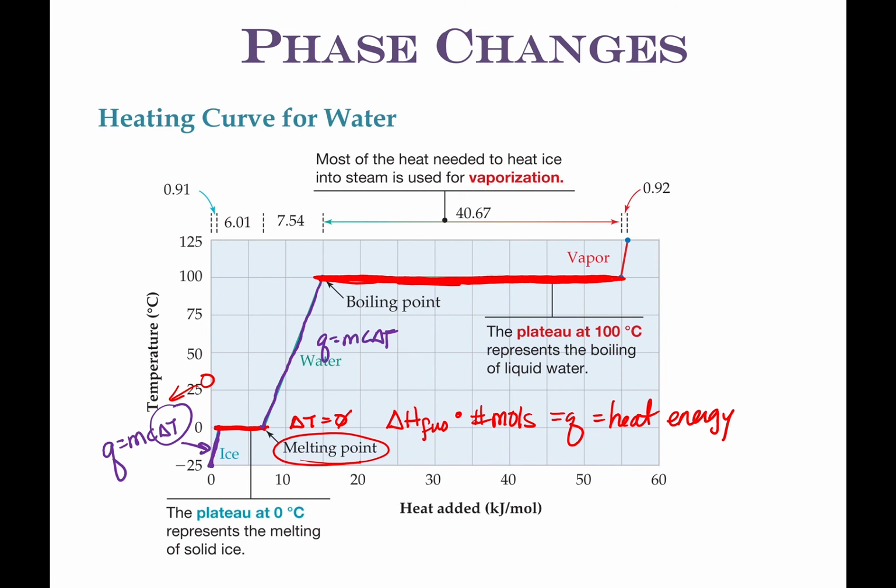And you would tell me that it would be cold until the ice melted, then it would start to warm up your drink. And so here we're at the boiling point. All the energy at this point is going into the phase change of changing this from a liquid to a vapor or a gas. So we would use the delta H of what? Delta H vap, because we're vaporizing it, times the number of moles that we were using to get that Q.